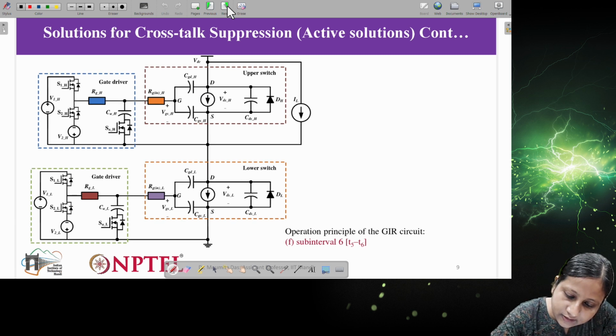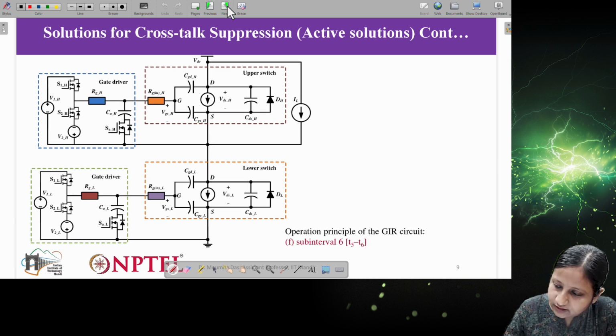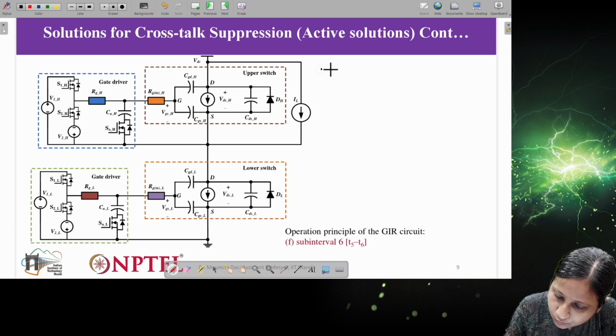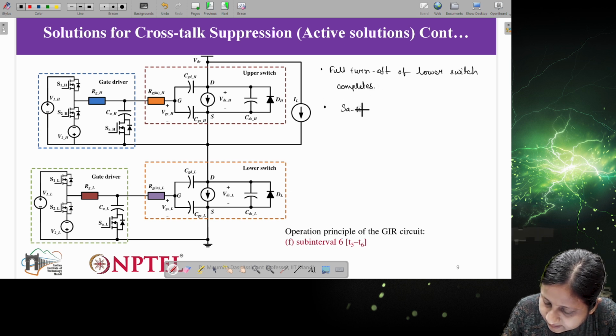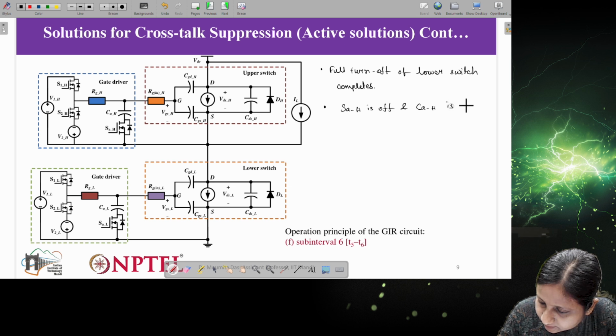You can see here, in this particular subinterval, full turn off of the lower switch completes. SAH is off and CAH is disconnected.